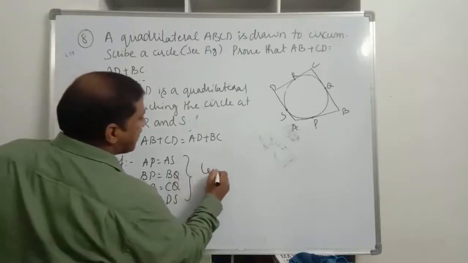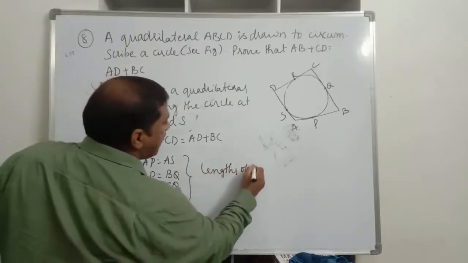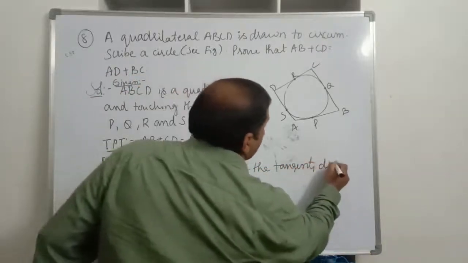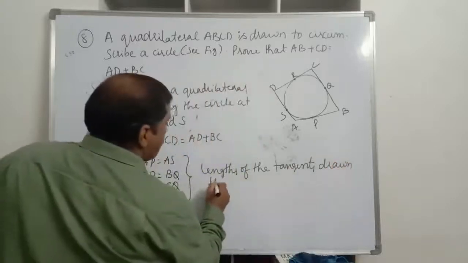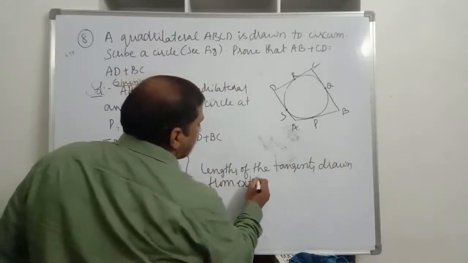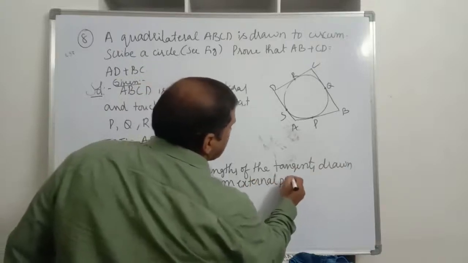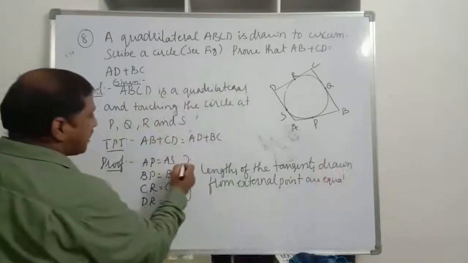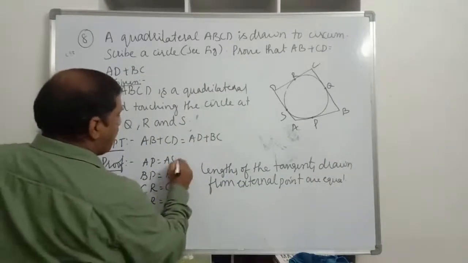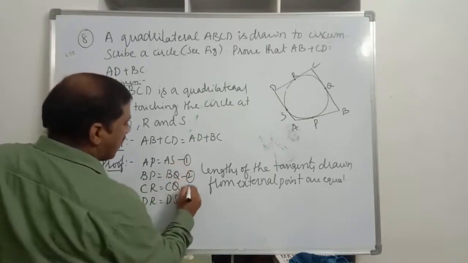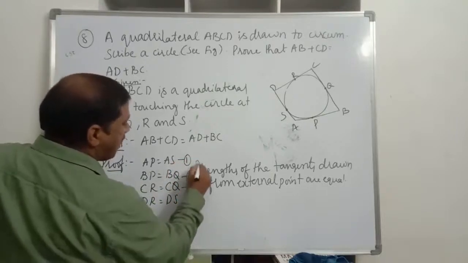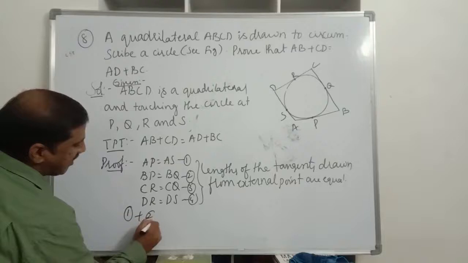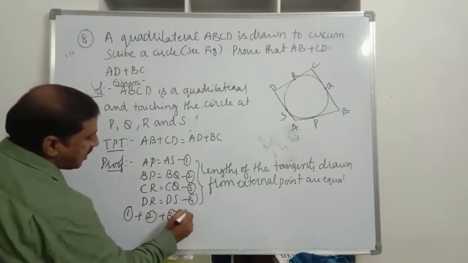The lengths of the tangents drawn from an external point are equal. You take these as equation 1, equation 2, equation 3 and equation 4. So add all the equations, that is equation 1 plus equation 2 plus equation 3 plus equation 4.